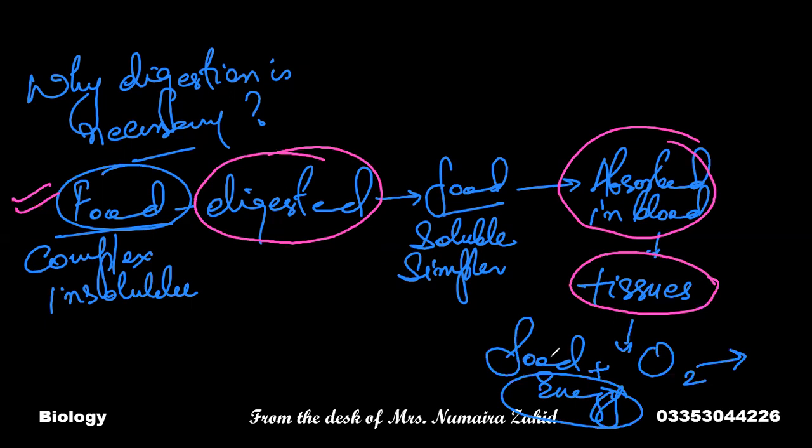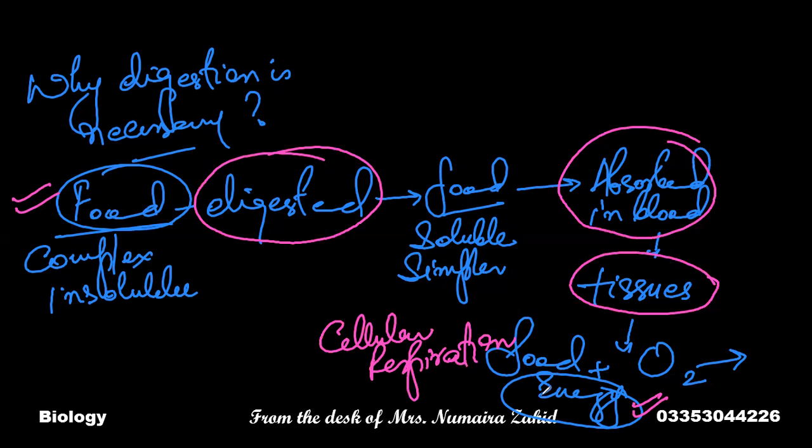When this food is supplied to tissues, it reacts with the oxygen inside the cells. This process is called cellular respiration. As a result of cellular respiration, we get energy from the food. So if we are not digesting our food, we are not getting the energy.